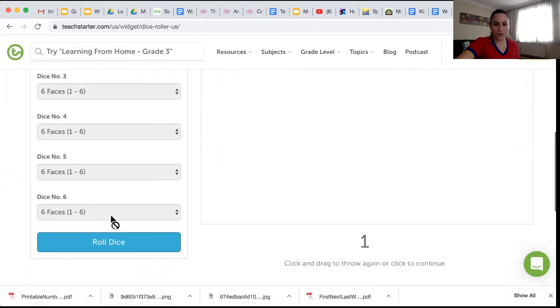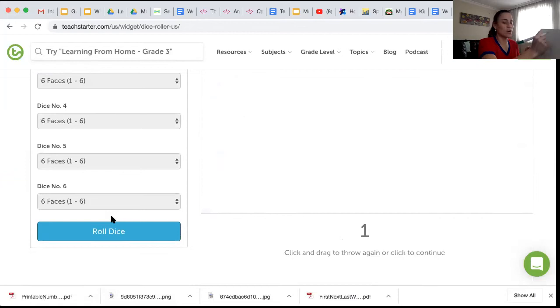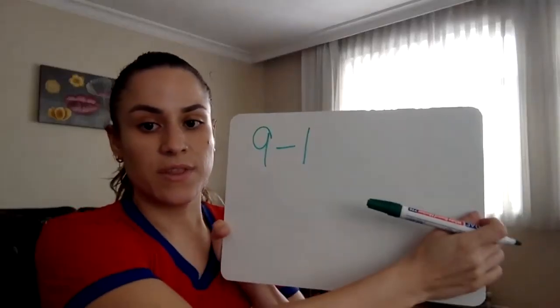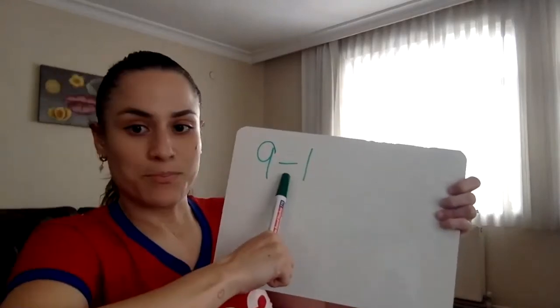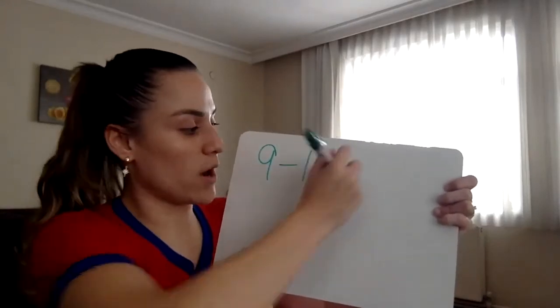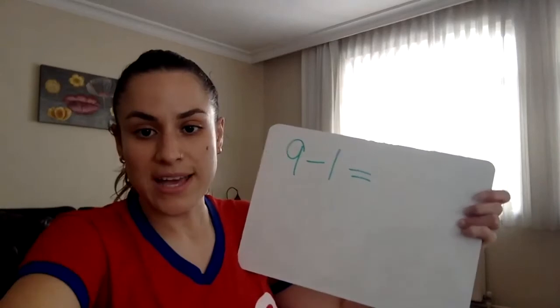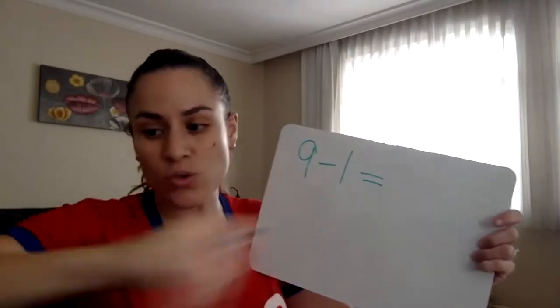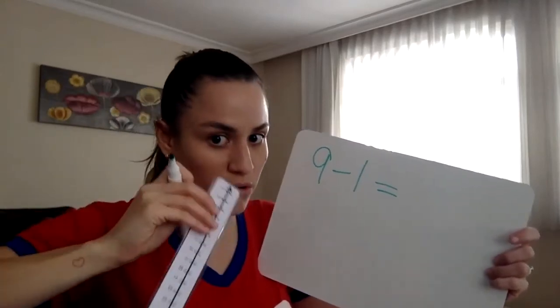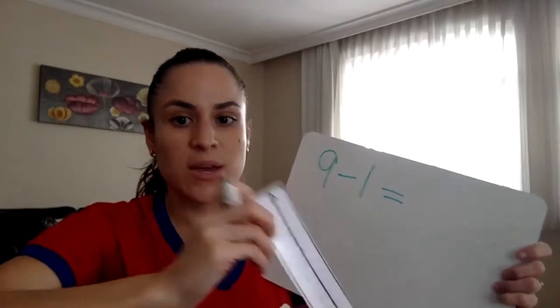Ooh, number 1. So friends, okay, I'm going to stop sharing here. 9 minus 1 equal. Again, friends, we can use the number line here, or you can draw or write it like Miss Vicky did. We're going to use this one here, now that we have it. 9 minus 1, okay?